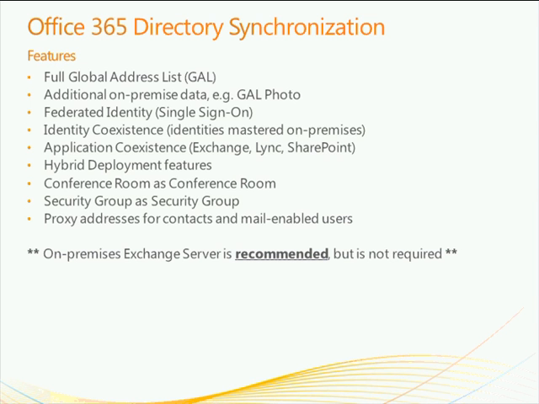It also allows you to sync various data that's available in your on-premises Active Directory. So I'd like to call out the GAL photo, for example. If you have a way for users to publish their GAL photo into your on-premises Active Directory, the DirSync tool will synchronize that to Office 365.